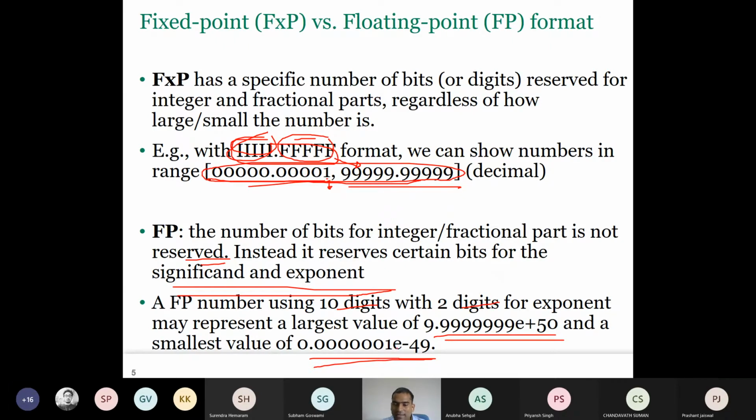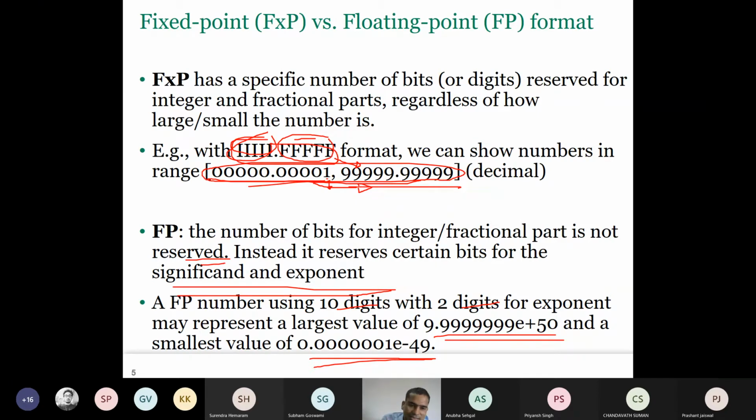This range is 10 raised to the power minus 49 to 10 raised to the power plus 50, a huge range. Here the range is much, much smaller. That's what I was trying to explain: in floating point the range is very high, but of course the precision is smaller.